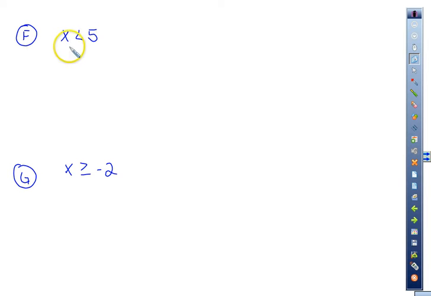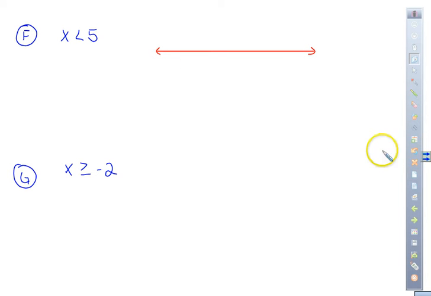All right, it has x is less than 5. So we're going to draw our line and simply start here. I'm going to put a 5, a 6, and then over here, a 4. That's all the numbers you really need, a number on both sides. So then we have 5. It is less than 5, so I'm going to leave it as an open circle, because it does not include 5, because it's not equal to.